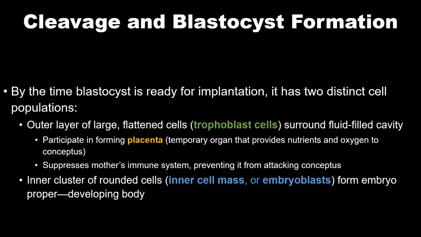The trophoblast cells work to create the placenta, that temporary organ that provides nutrients and oxygen to the conceptus, and they also suppress the mother's immune system, working to prevent it from attacking the conceptus. The inner cell mass, a much smaller number of cells here, form the embryo proper, this actual developing body of the offspring.